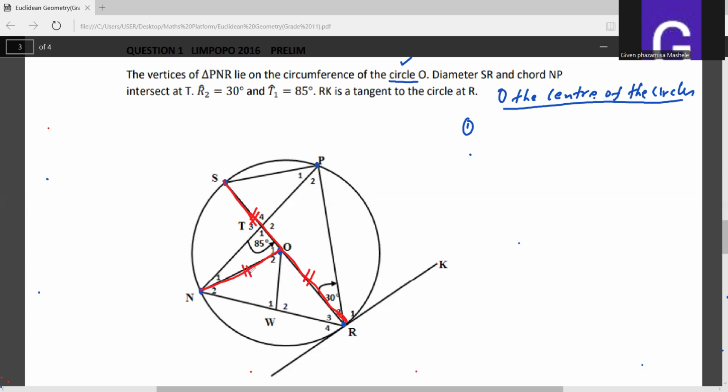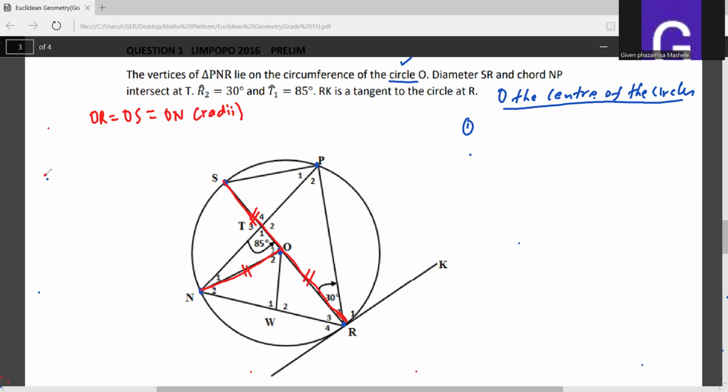Let's check. I can also say OR equals OS equals ON. What is the reason for that? They are radii. So we have radii, but let's check: does this form an isosceles triangle? Yes, we have an isosceles triangle, ONR.